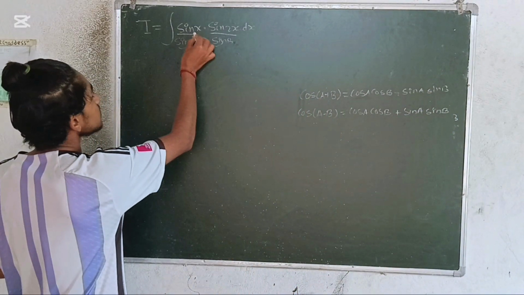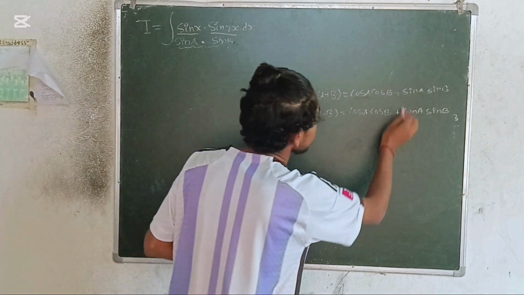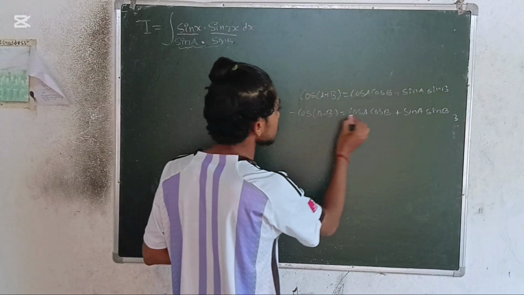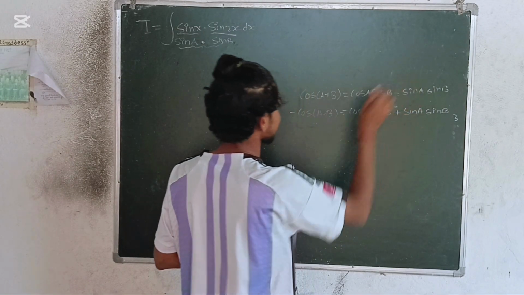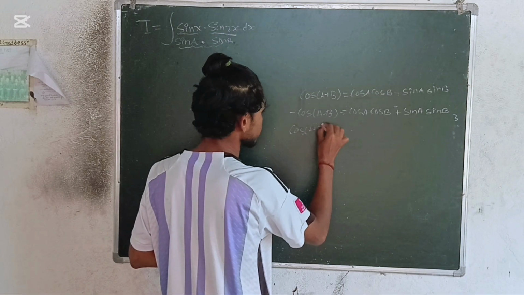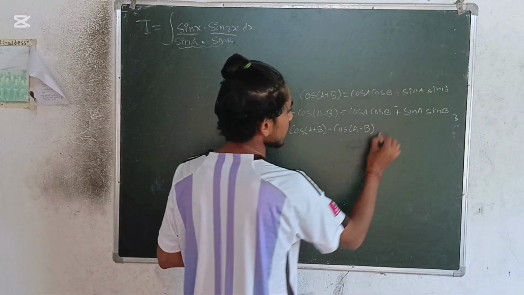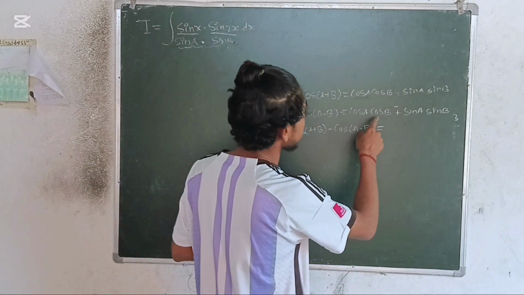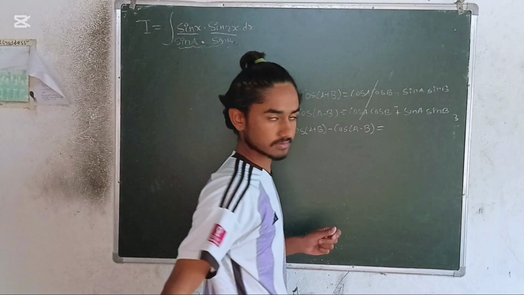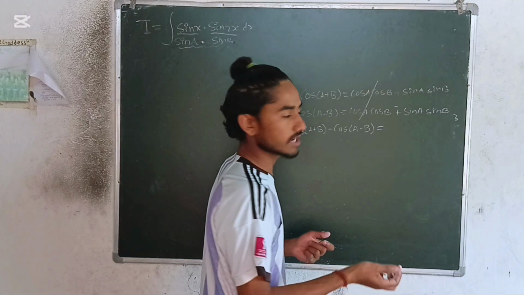So now we want sine A multiplied with sine B. How can we make that format? If we subtract this whole term from here, what do we get? We get cosine of A plus B minus cosine of A minus B. If you subtract, these two terms will cancel out and you will get minus times minus. When you add minus and minus you get plus, but the sign again becomes minus.